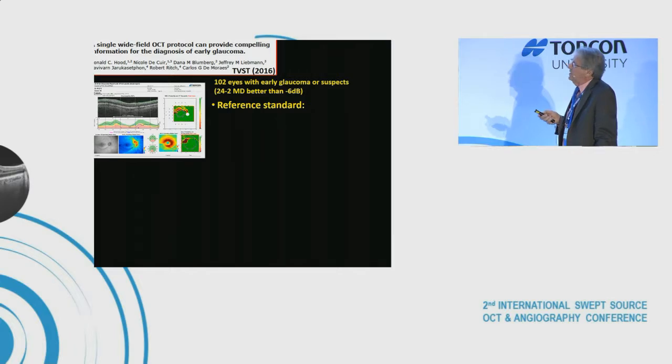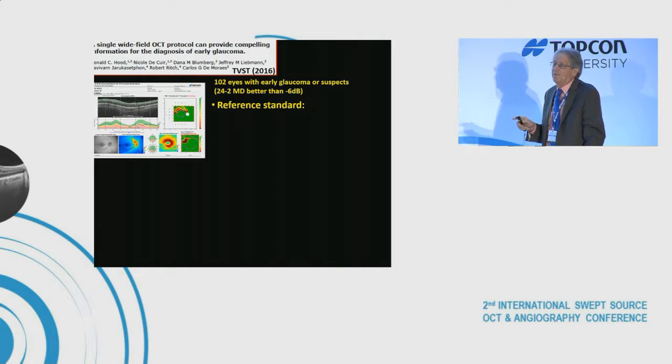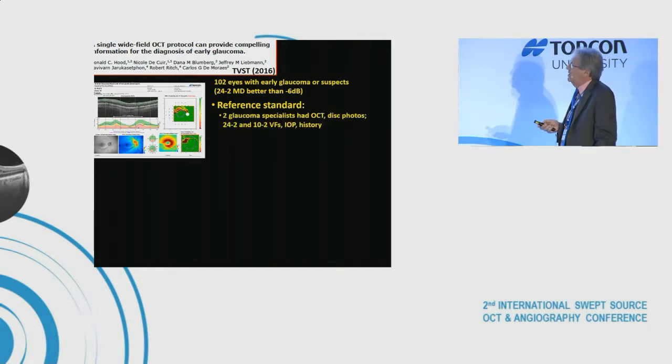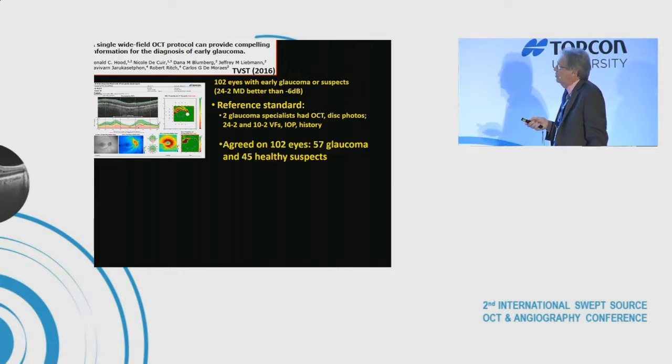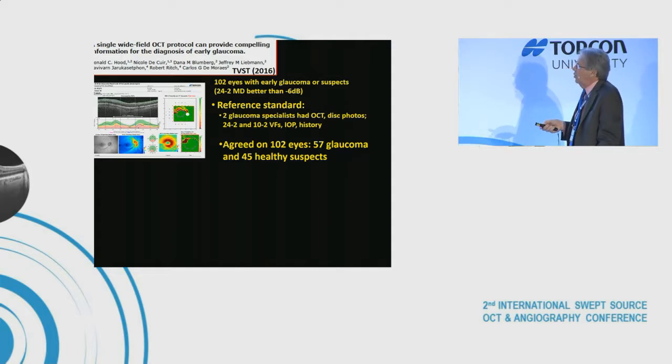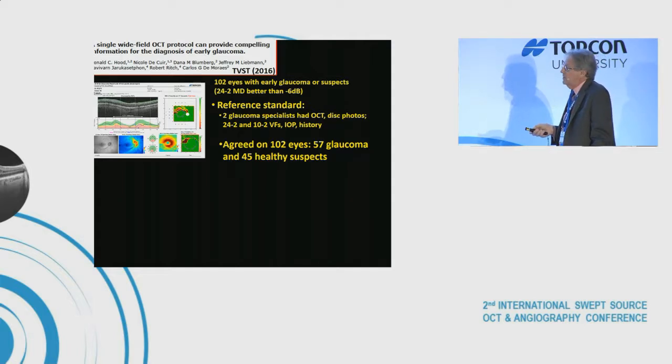As a reference standard, two glaucoma specialists, the next speaker, Dr. Liebman, was one of them. Both specialists were not involved in these patients' cares. They were given everything we had. They had OCT, they had disc photos, they had 24-2, 10-2, and so on. They agreed on 102 eyes, 57 with glaucoma, 45 healthy suspects.